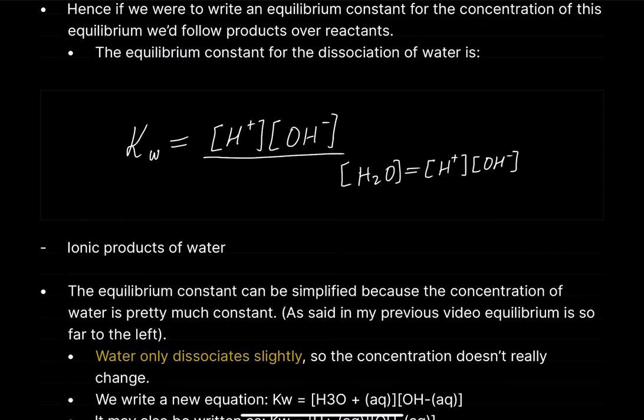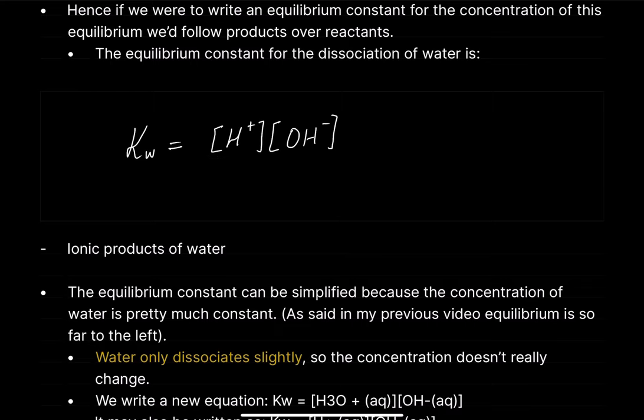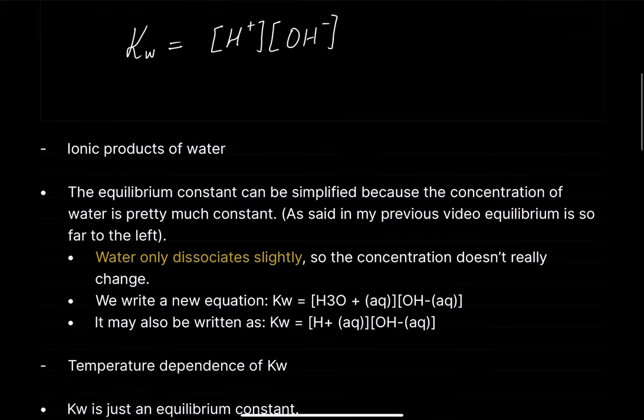Now, get rid of this Kc. So if I was writing Kc by itself, we'd get rid of this H2O. There's no need for it. Now we form something called Kw, right? Kw is equal to H plus concentration times by OH minus.